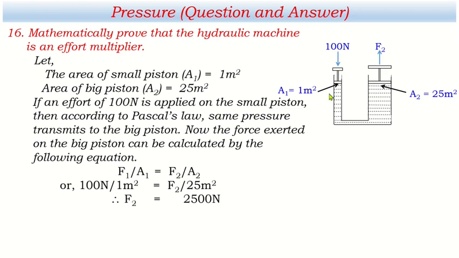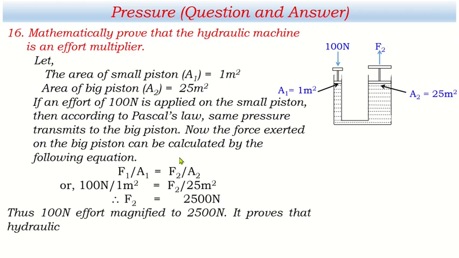We are applying just 100 Newton force, but it is magnified to 2500 Newton at the big piston. This way we can prove that hydraulic machine is an effort multiplier. At the end, it will be better to have a sentence for this: Thus, 100 Newton effort is magnified to 2500 Newton. It proves that hydraulic press is an effort multiplier.